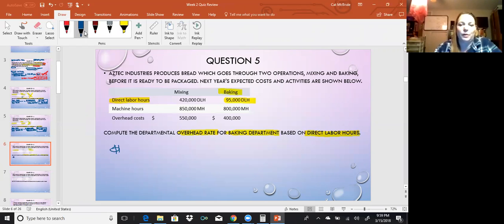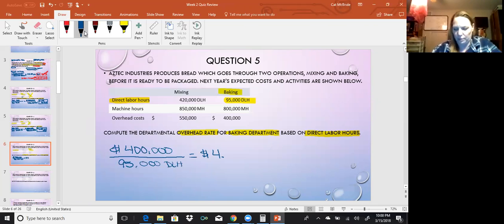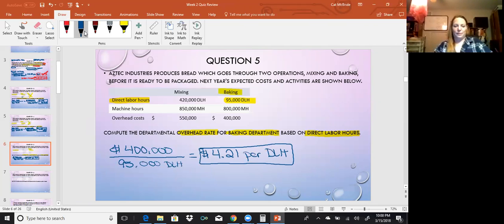Overhead, which is 400,000, divided by the 95,000 direct labor hours. Good there? Yes.